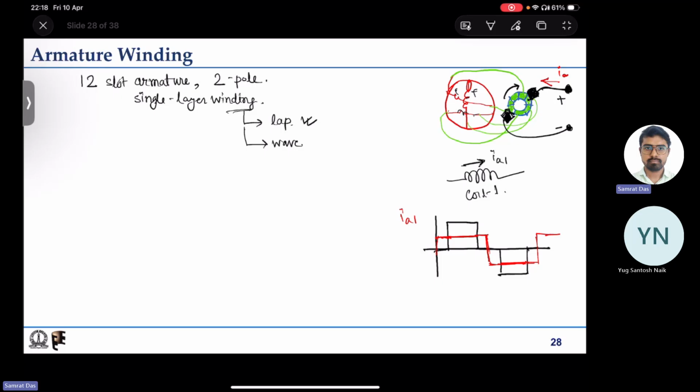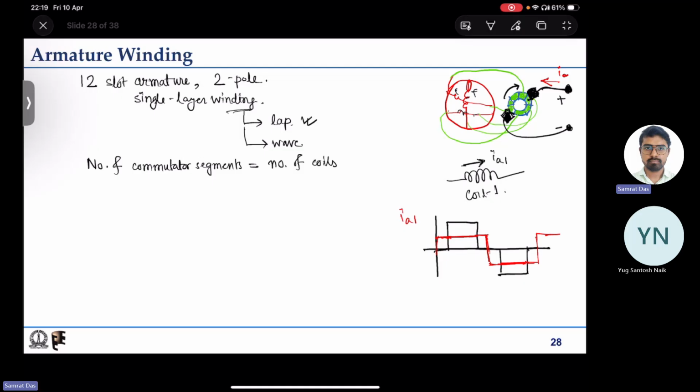And there is something you will need to know: the number of commutator segments. As we will find out, that is the same as the number of coils.